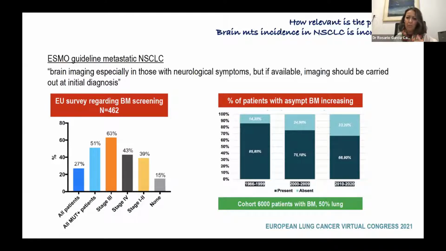The percentage of patients with brain metastases is increasing. And I think that the main reasons are that our patients today live longer, so the period of time and the risk of developing brain metastases is increasing. And also I think that we are using more CT and brain MRI, and we are detecting more asymptomatic brain metastases.